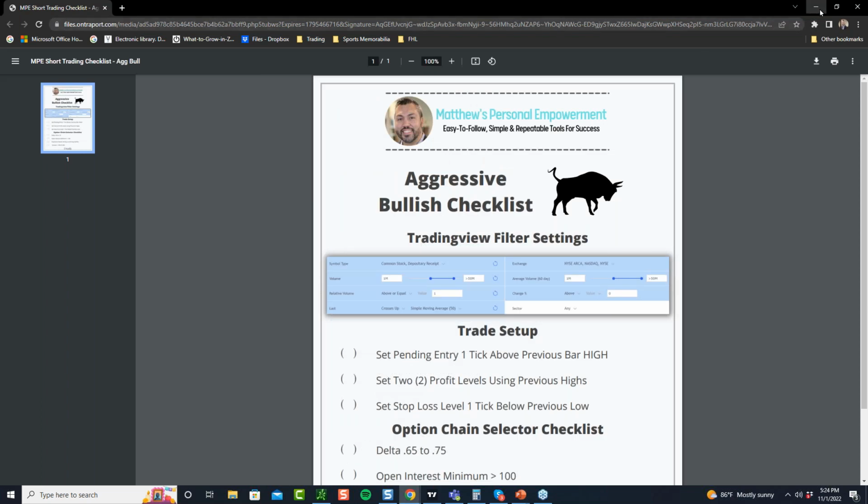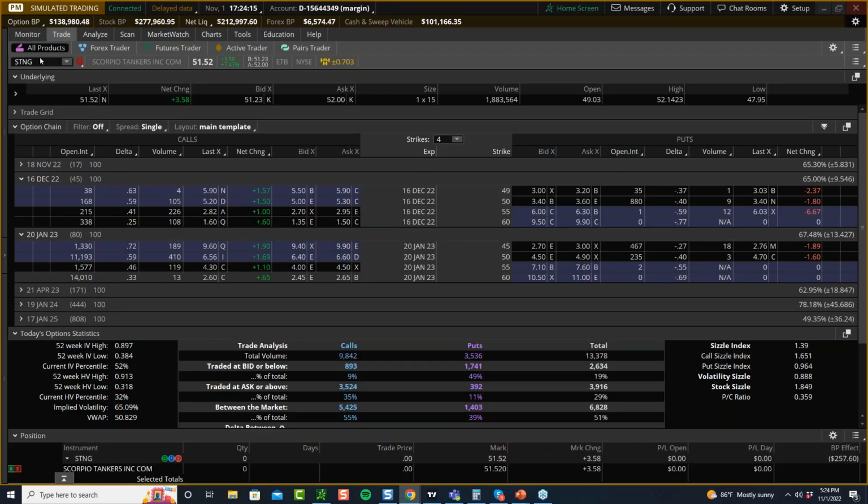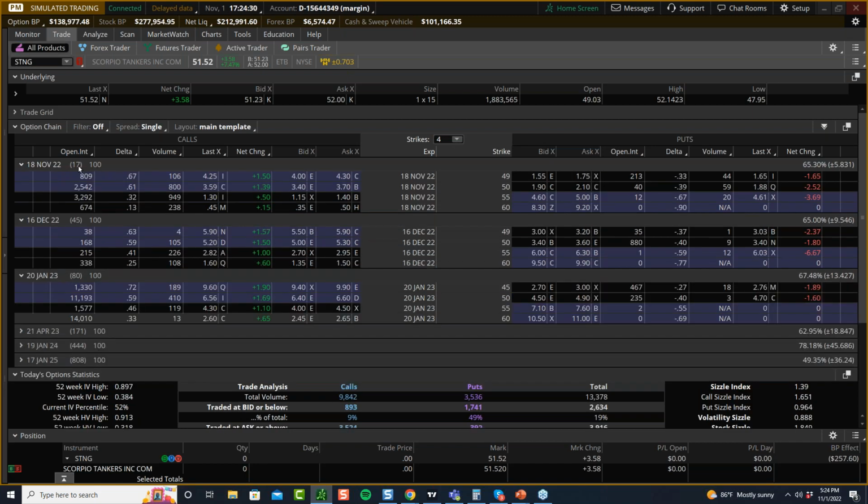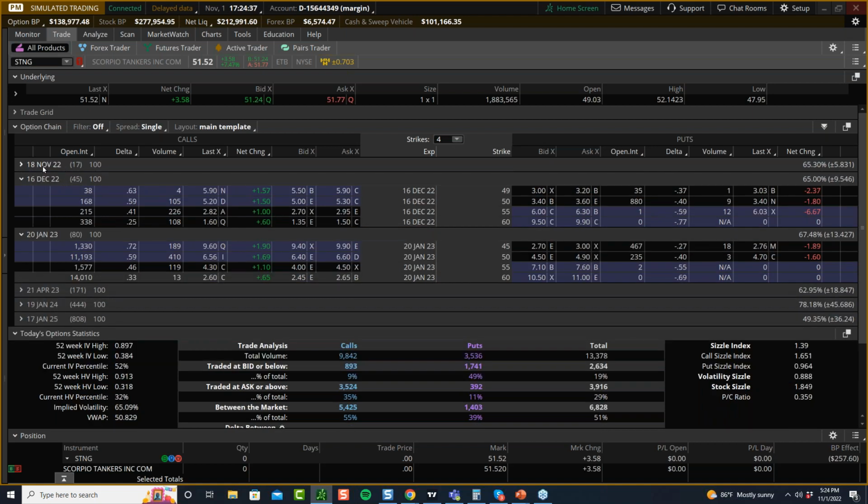So when we come down to Sting, same symbol, what we're going to do now is we're going to come down and select the best option chain. And we're going to start off first with the most recent expiration. Now 45 to 90 days, so November's off the board, it's 17 days away. I'm not even going to look at it, okay? So I'm going to get rid of November.